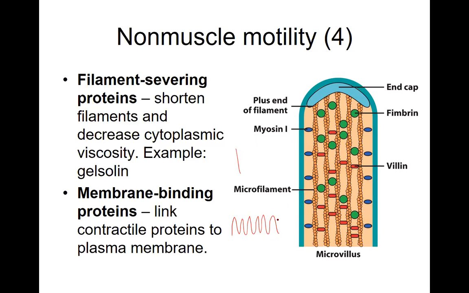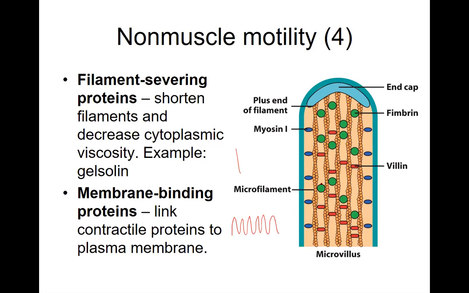This extension allows the expression of membrane-bound enzymes, as well as the absorption of nutrients into the cell. The end cap here is again stabilizing the actin filament, and these cross-linking proteins that you see here will be stabilizing the microfilaments themselves.